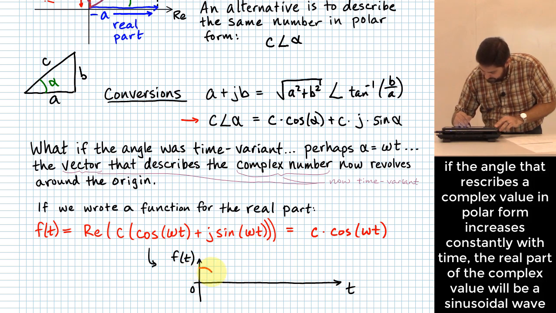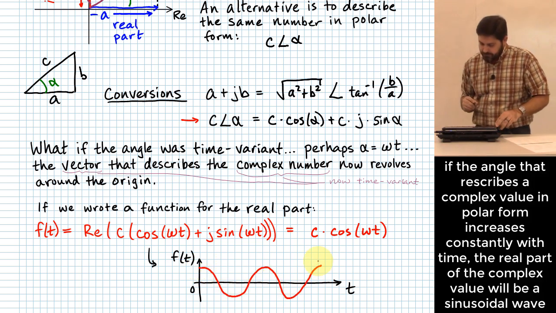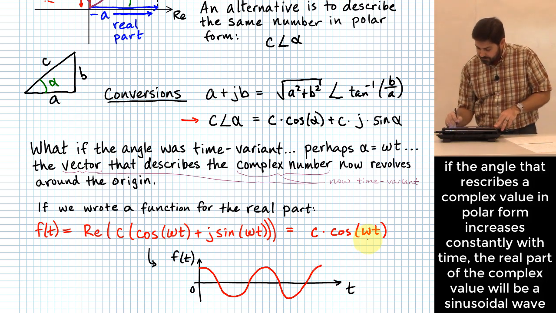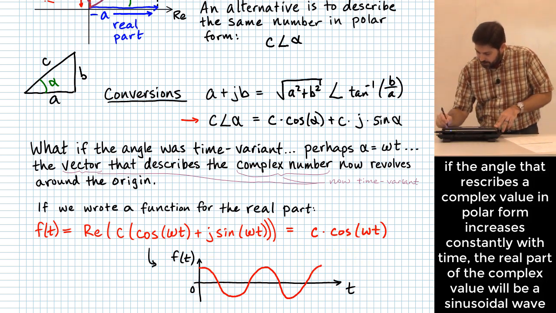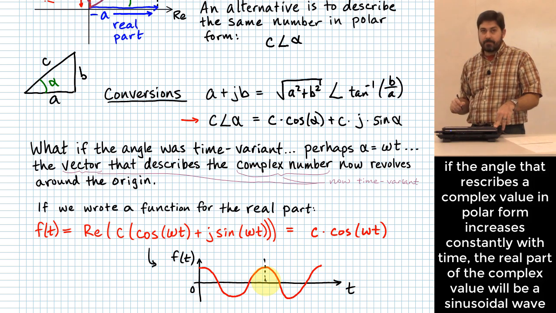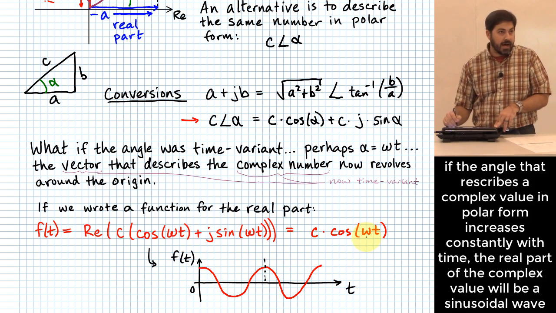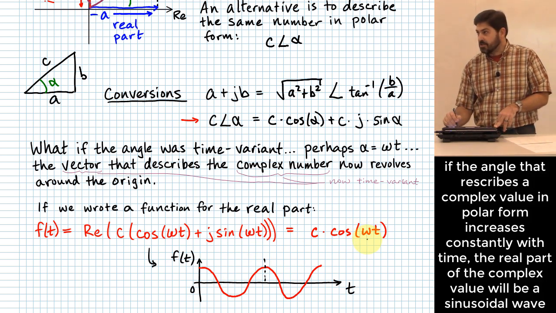Maybe it looks something like this, right? Because that's a cosine function. If I wanted to get even a little bit more specific, where would this point be right here in terms of time? The cosine function, when it goes from 0 up to 2 pi radians, that gets you back to the original place where you started, right?